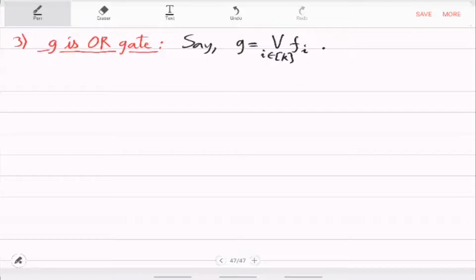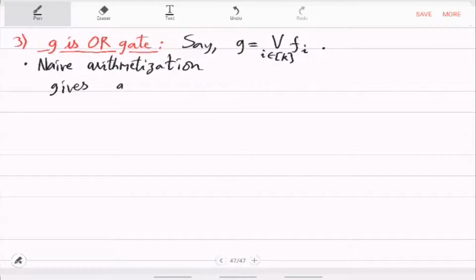How do you compute the OR polynomial approximator? So you have seen before when we did arithmetization of formulas, Boolean formulas. So if you use that kind of arithmetization, what will you get? So naive arithmetization gives G tilde to be 1 minus product of 1 minus Fi tilde, i from 1 to k.